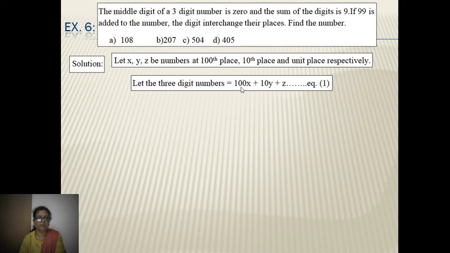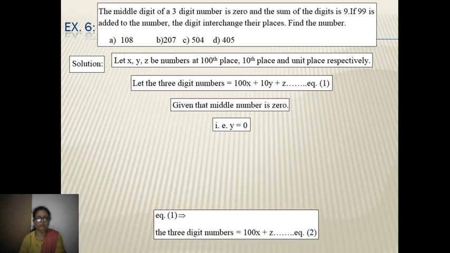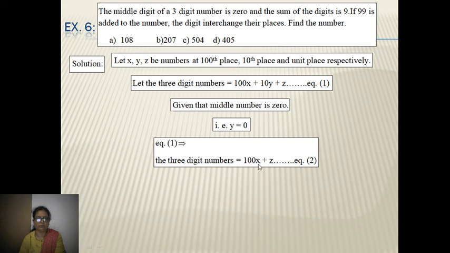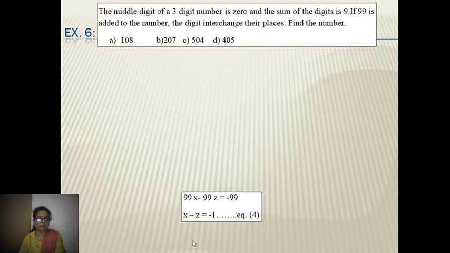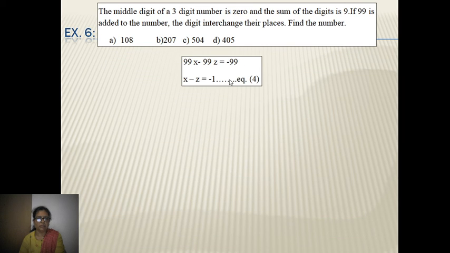Therefore, the three-digit number is given in equation 1. Now, the middle digit is 0, that means y value is 0. Therefore, it converts into a two variable equation, that means 100x plus z. Now, the sum of the digits is 9, therefore x plus z equal to 9, and apply the condition.